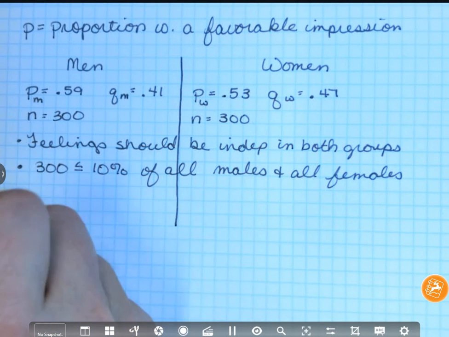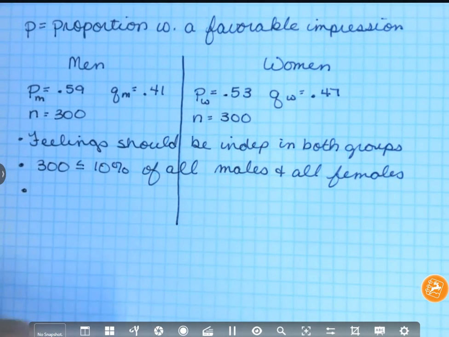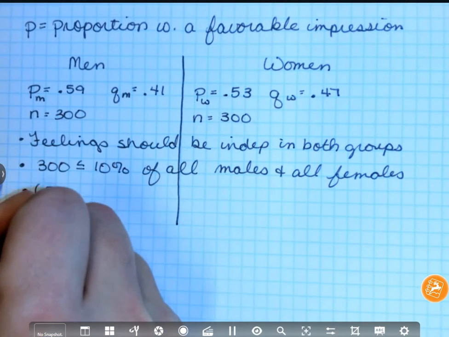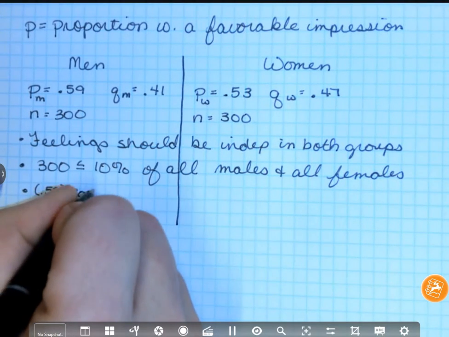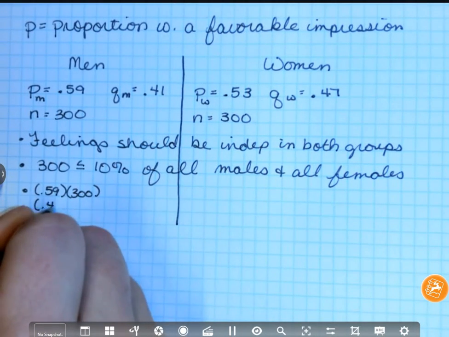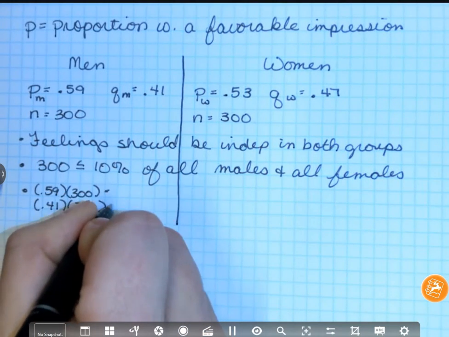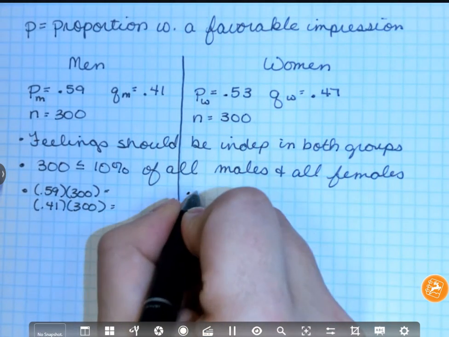Success, failure. So for success, failure, what do I need to do? 0.59 times 300, 0.41 times 300. And then I'm going to do the same thing for the women's.